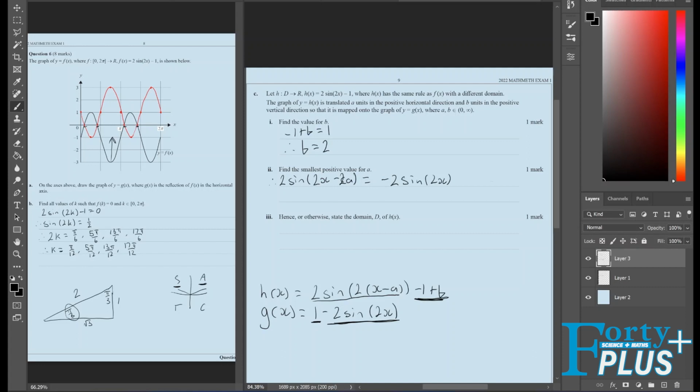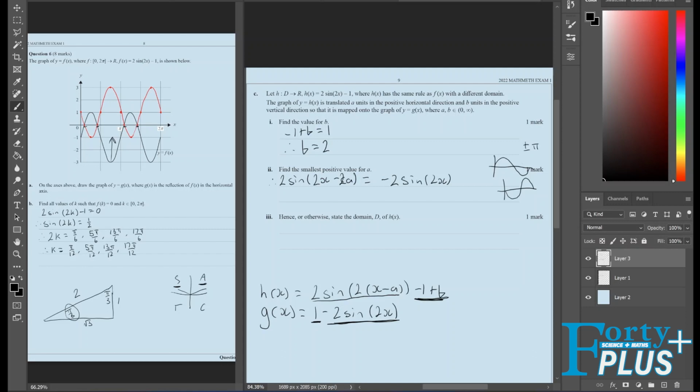Now, if we just draw our normal sine functions quickly, we have the positive sine function that looks like that, and the negative sine function that looks like that. To make the positive sine function look like the negative sine function, we need to translate it negative pi or pi units in the horizontal direction. So there's a translation of plus or minus pi.